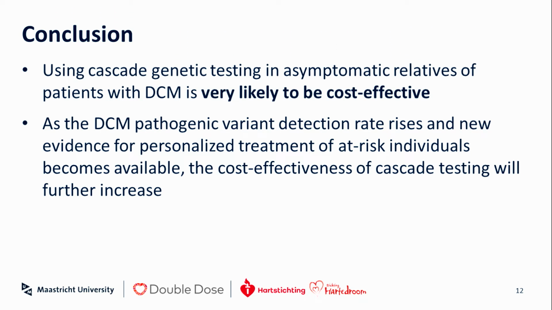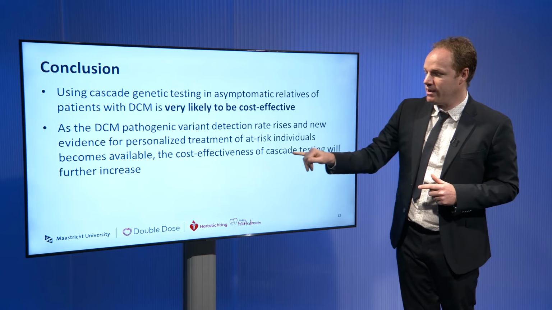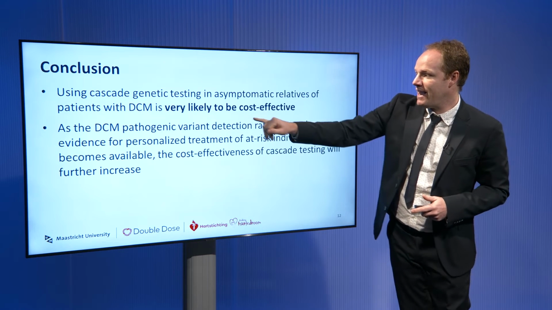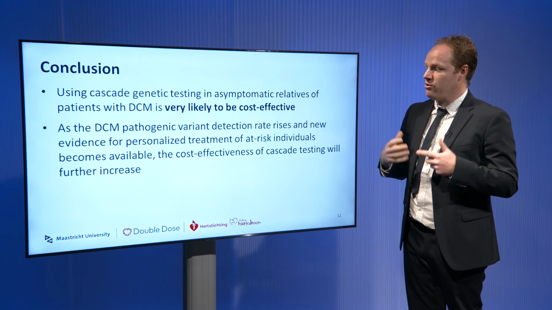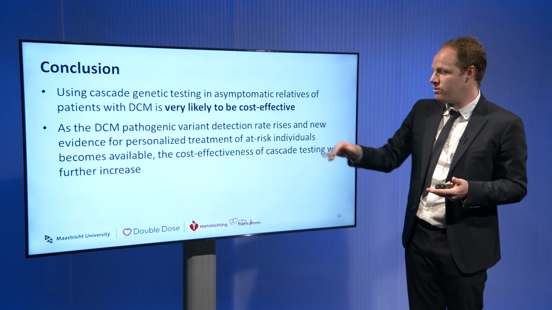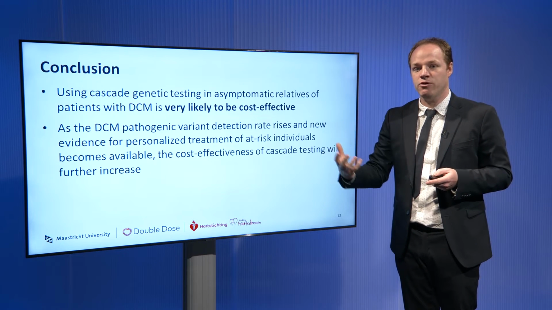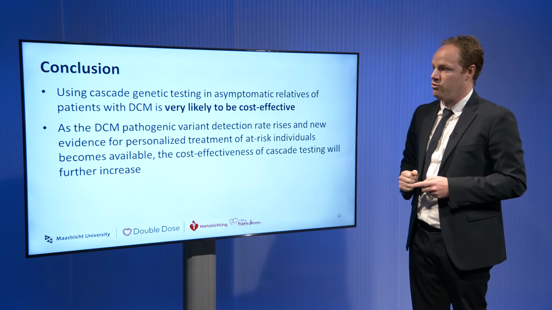To summarize, using cascade genetic testing in asymptomatic relatives of patients with DCM is very likely to be cost-effective based on this paper. The author also concluded that the cost-effectiveness of cascade testing could even increase as the DCM pathogenic variant detection rate rises and new evidence for personalized treatment of at-risk individuals becomes available. Then we could expect even better cost-effectiveness in the future.